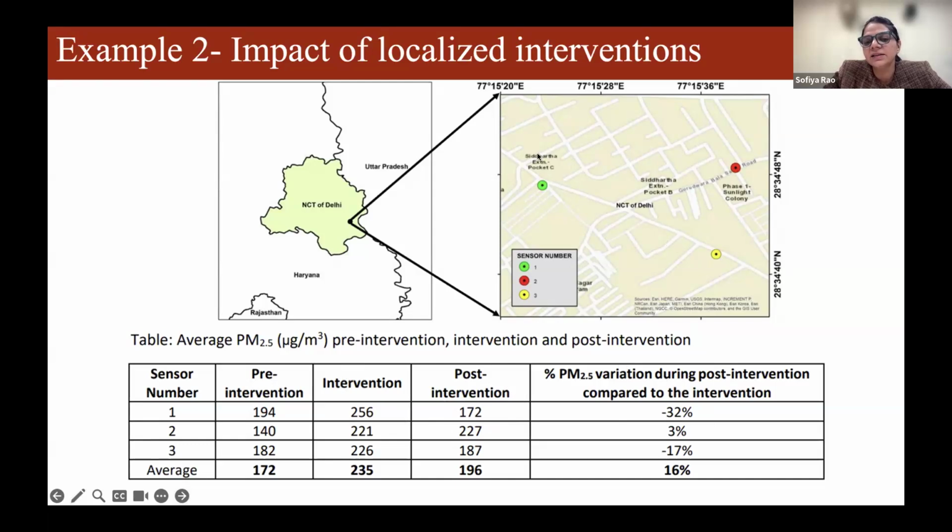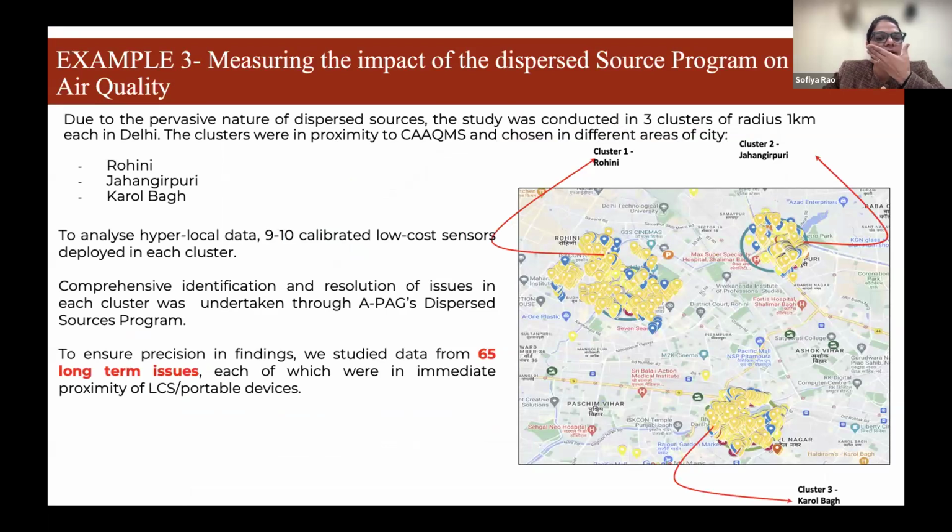So if we design the study that way, then we actually get to know the local contribution to the PM concentration. Now the third similar example, but with more local sensor deployment.